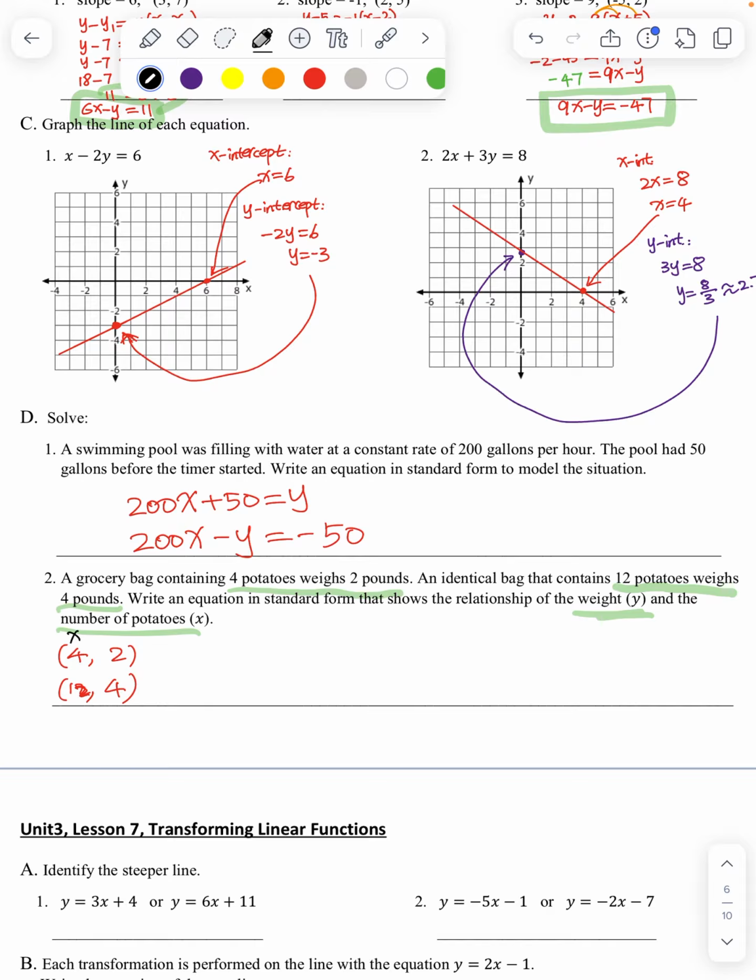Slope is from x1, y1, x2, y2. So the slope is y1 minus y2 all over x1 minus x2. Or we can do the rate of change, the change of y over change of x.